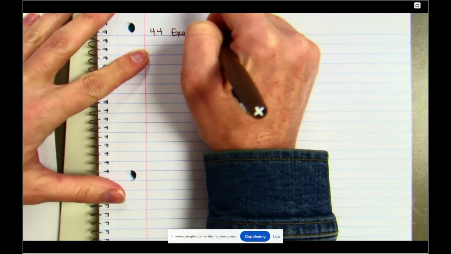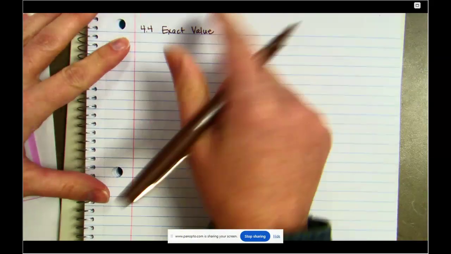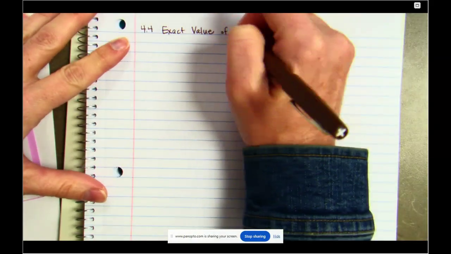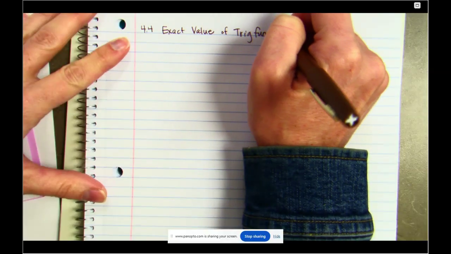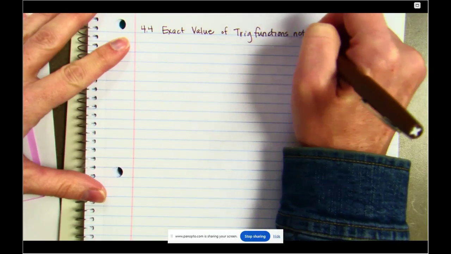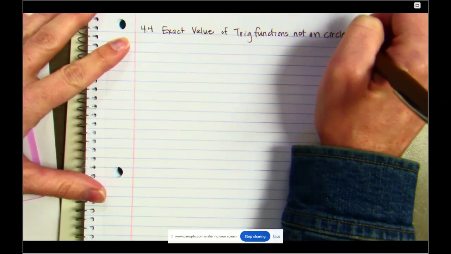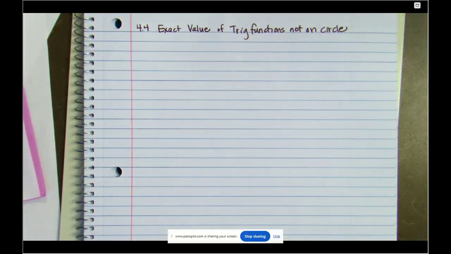You plug it into the calculator. Nope, it's gotta be exact value. This is gonna be on the quiz. Okay, so we're talking about finding exact values of trig functions that are not on the circle.